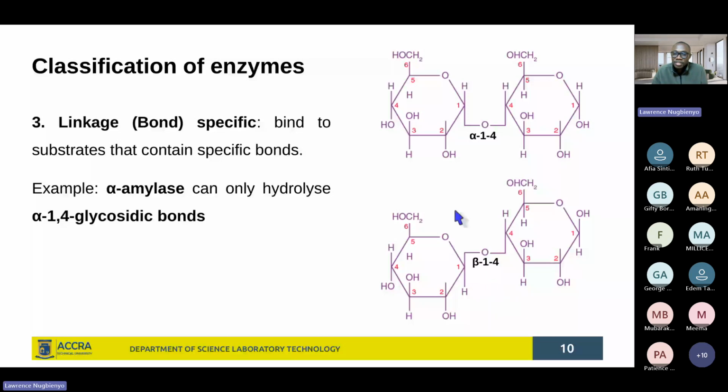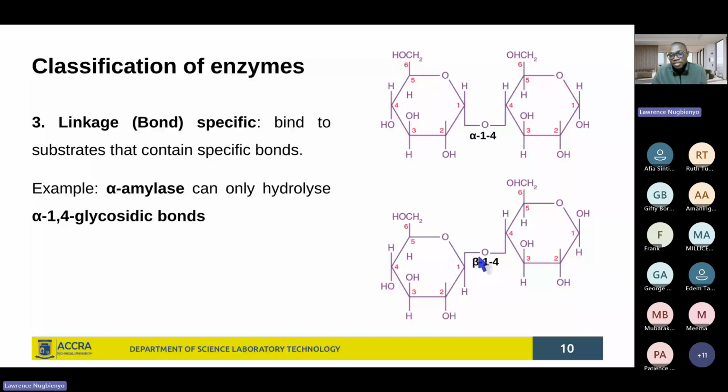So you see, the bond is being formed with that hydroxyl group, which we saw on carbon number 1. And you see here below, looking at the beta 1,4 glycosidic bond, the bond is being formed with a beta configuration of the monosaccharide glucose molecule.